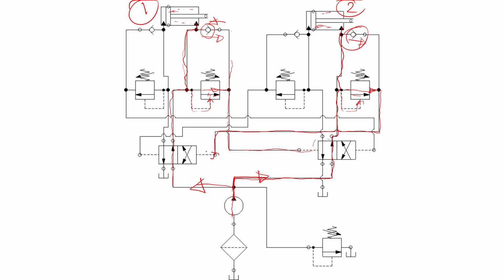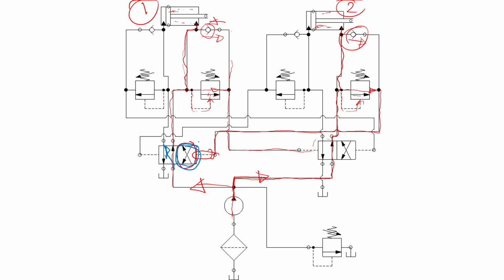Now, this pilot line is going to activate this side of the envelope of this directional valve. So then the flow, I'm going to pick another color so we can visualize what's going on. So this right side of the envelope now will be activated and engaged. So now flow is going to be directed this way.